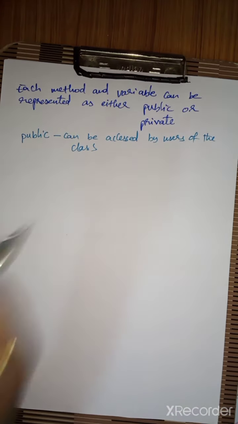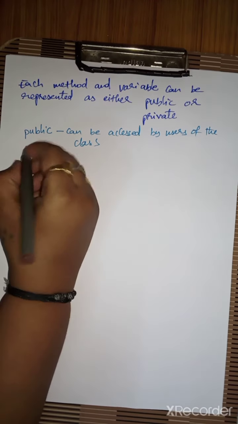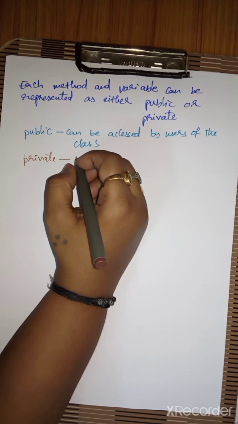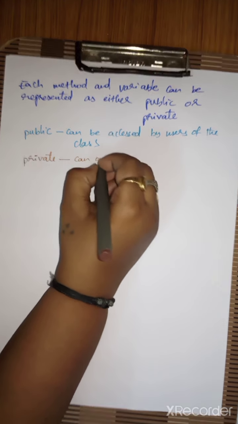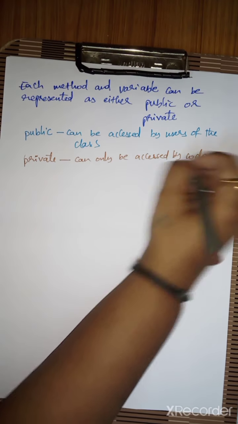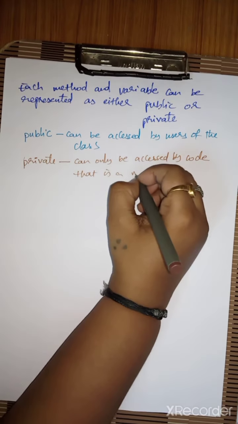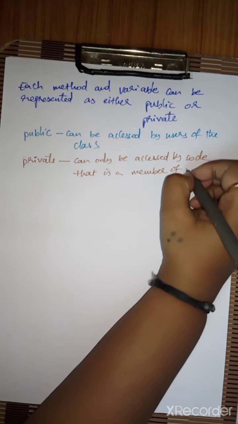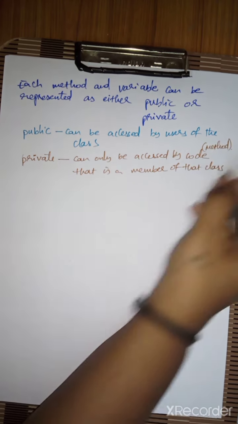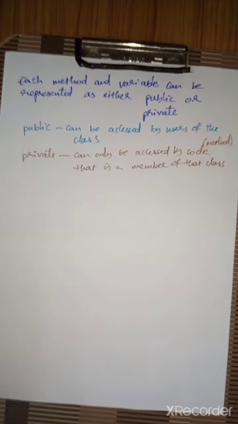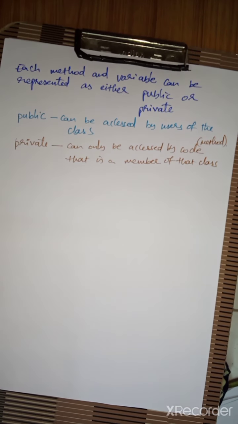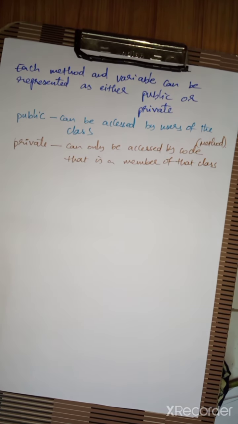Whereas if they are represented as private, then these methods and data can only be accessed by code that is a member of the class. Here code means method. So you have learnt about abstraction and encapsulation.